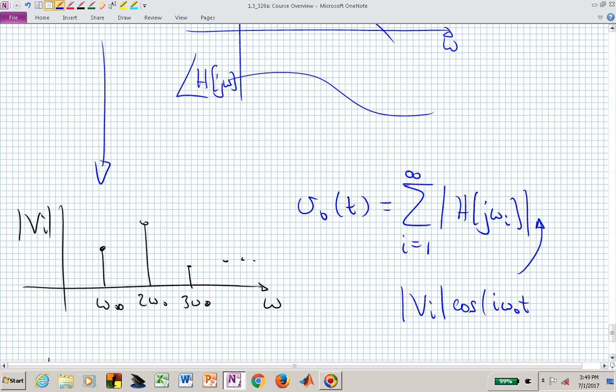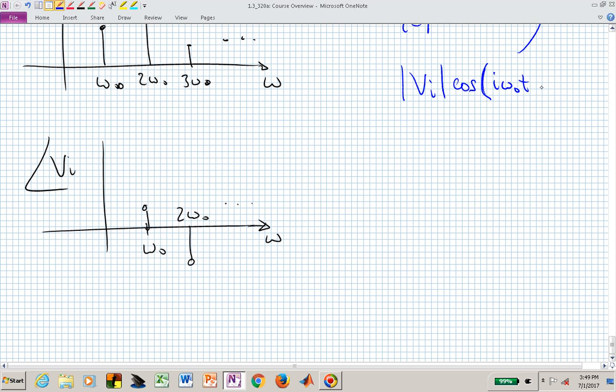I is not the square root of -1, that's just an index on our infinite sum, operating at the fundamental omega naught and its harmonics, 2 omega naught, 3 omega naught. And then, in the argument of the cosine, plus the angle of v sub I and the angle introduced by the transfer function H of j omega sub I.